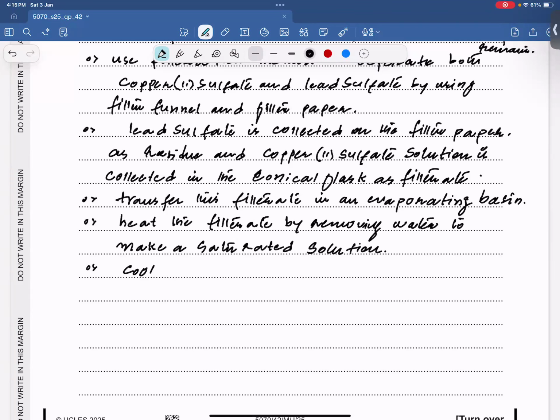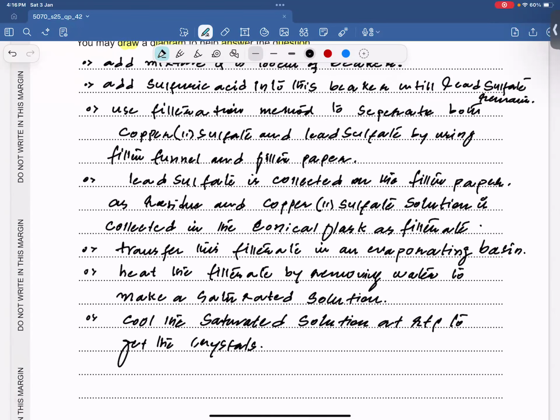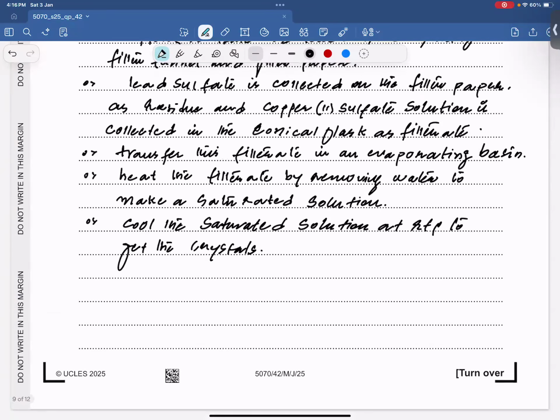Cool the saturated solution at RTP to get the crystals.